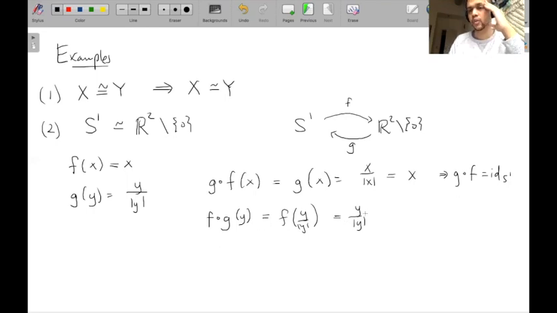It sends Y to Y over norm Y. But we only need for this to be homotopic to the identity. So F compose G is homotopic to the identity on R2 minus 0 via the straight line homotopy.